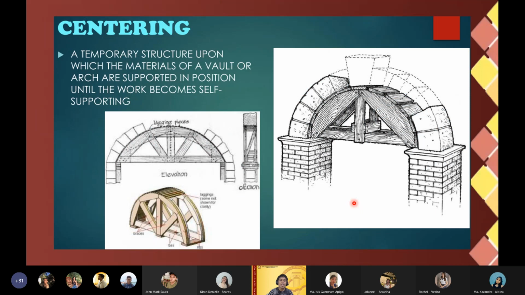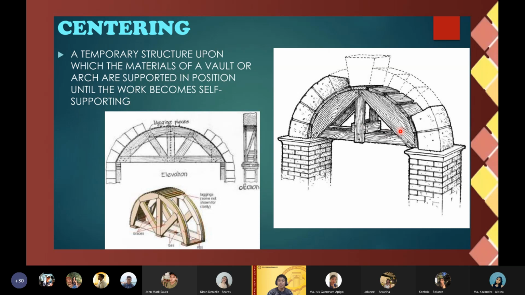Another term is centering. So what is a centering? It's a temporary structure upon which the materials of a vault or arch are supported in position until the work becomes self-supporting. So again, the term is centering, a temporary structure upon which the materials of a vault or arch are supported in position until the work becomes self-supporting.